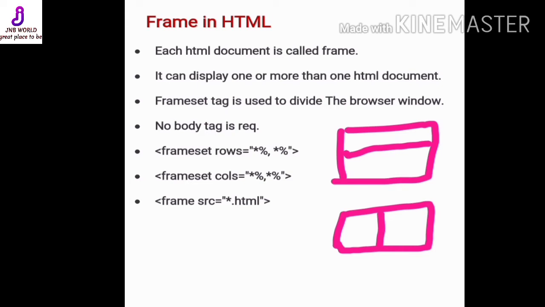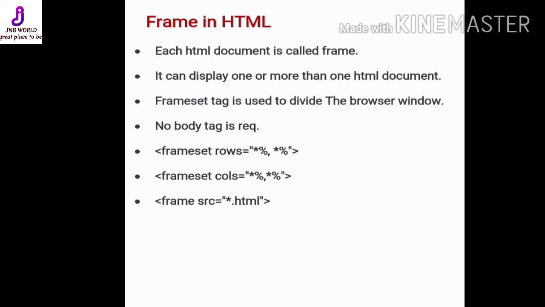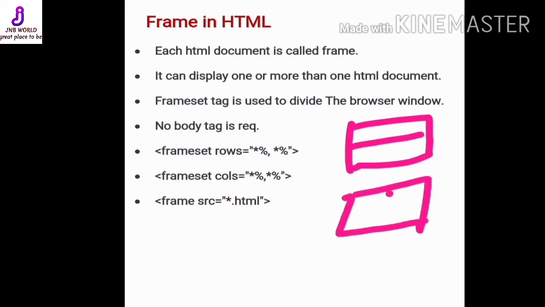If I use row-wise division, then we have to use frameset rows. When the frameset window is divided into rows and columns, we have to use attributes. For dividing the rows, we use the rows attribute.